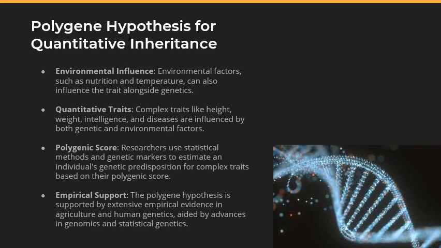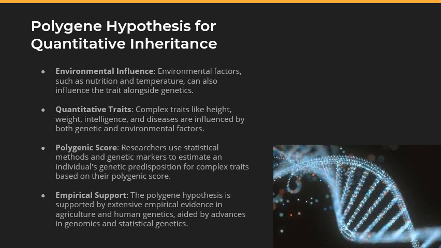Lastly, let's talk about empirical support within the polygene hypothesis. The polygene hypothesis is supported by extensive empirical evidence in agriculture and human genetics, aided by advances in genomics and statistical genetics.